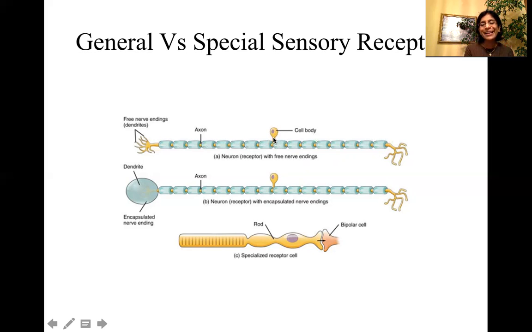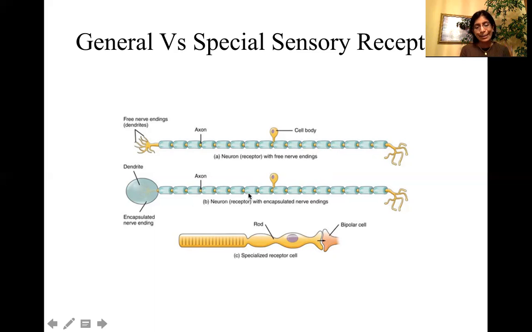That's one cell body, one extension that divides to become two extensions ultimately, one serving as dendrite and the other serving as axon. This is a simple free nerve ending serving as a receptor. Pain receptors and thermoreceptors are good examples of free nerve endings.